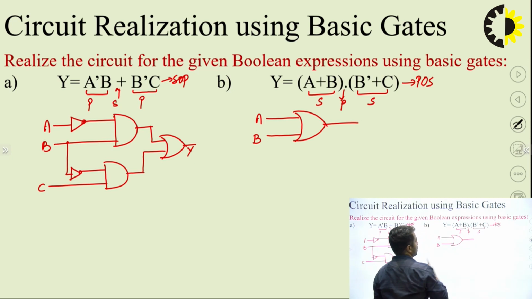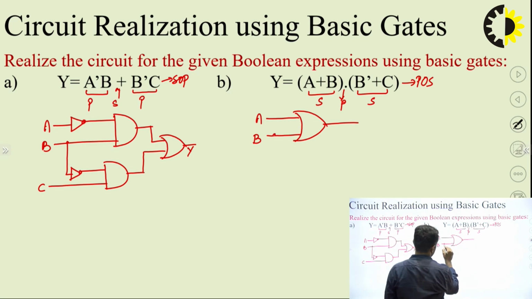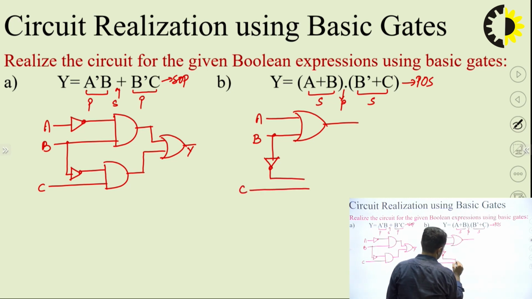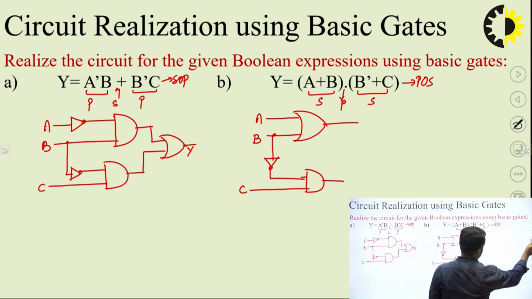Then another sum is to be created, B bar plus C. That means we need B bar, so this is B, and we compute B bar and add it with C. Sorry, I have used an AND gate, it has to be an OR gate.